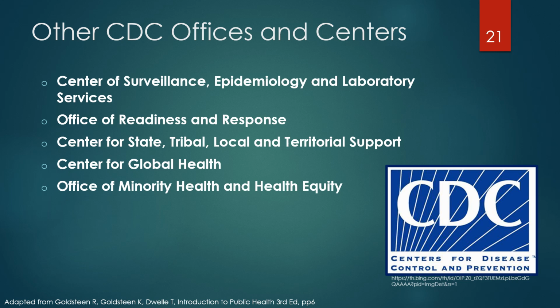Other CDC offices and centers include the Center of Surveillance, Epidemiology, and Laboratory Services, the Office of Readiness and Response, the Center for State, Tribal, Local, and Territorial Support, the Center for Global Health, and the Office of Minority Health and Health Equity.